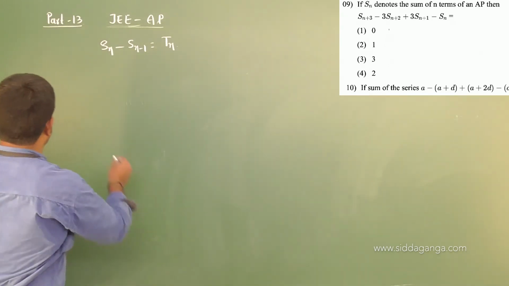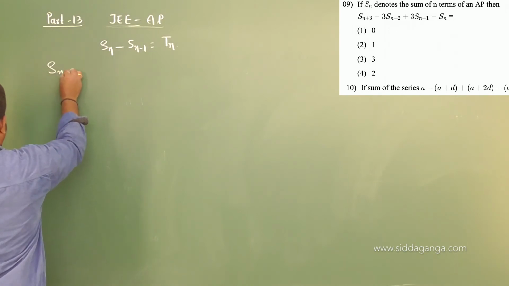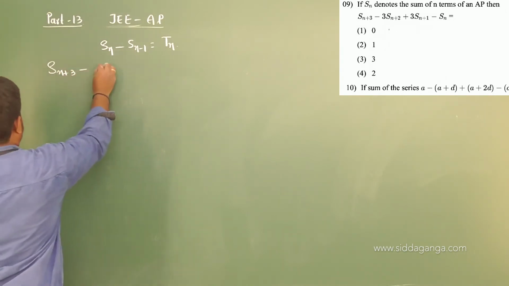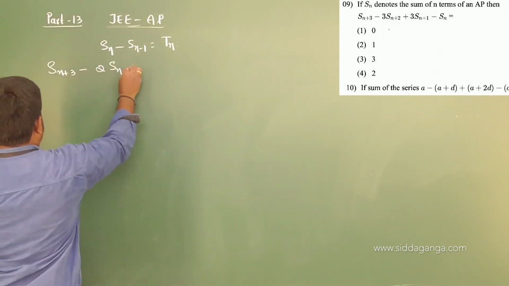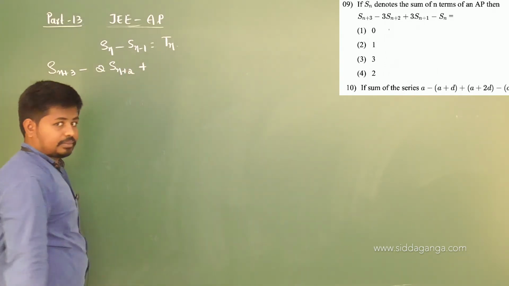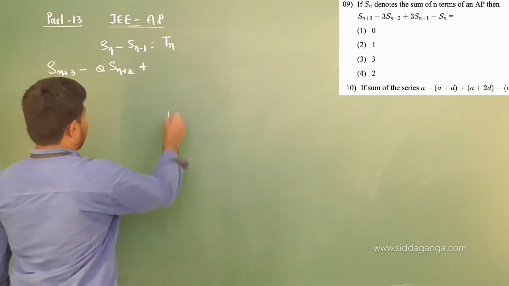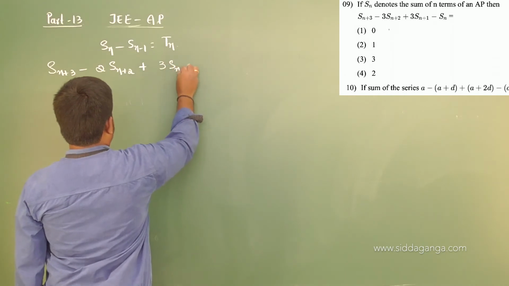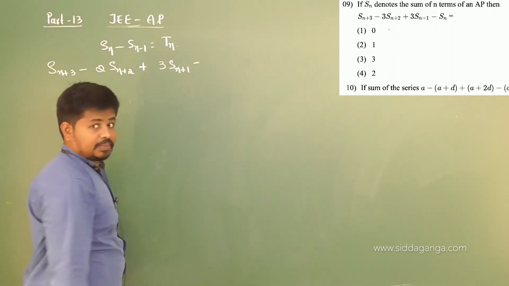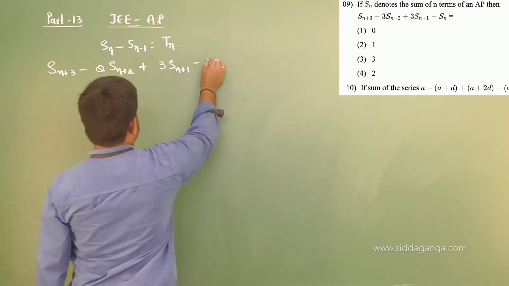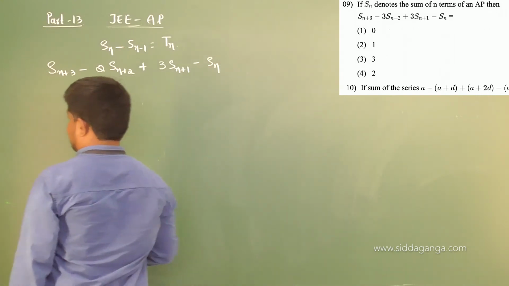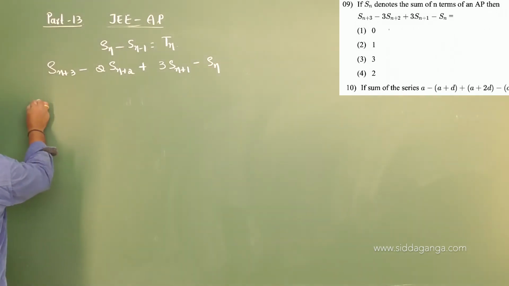Yes, Sn plus 3, you mean sum of n plus 3, minus 3 times of n plus 2, plus 3 times of n plus 1, minus Sn is equal to what? A simple one. See, I am going to write this as it is.